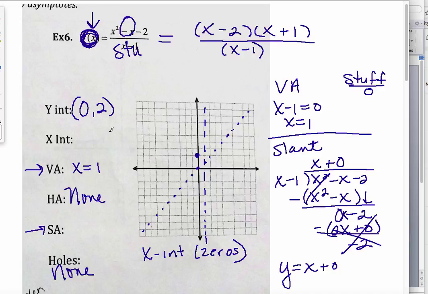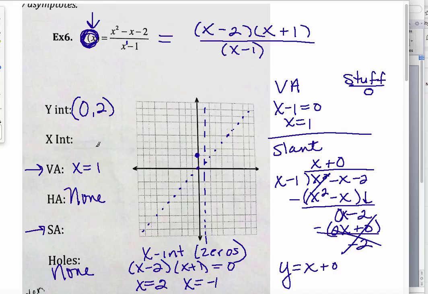So we need to figure out what makes the numerator equal to 0, and the factored form is x minus 2 times x plus 1, set that equal to 0. I'm going to cheat here on mental math. X minus 2 equals 0, x would equal 2, and x plus 1 equals 0, x would equal negative 1. So at 2 and negative 1, you got some intercepts. So negative 1, there's an intercept, and over 1, 2.